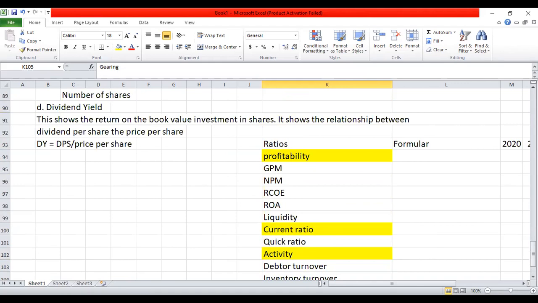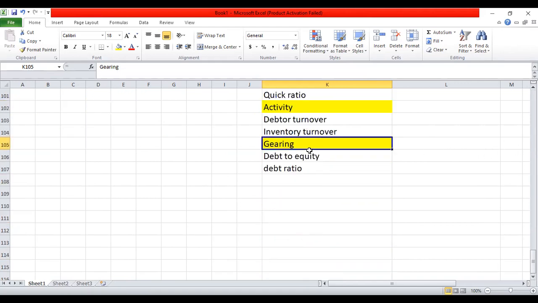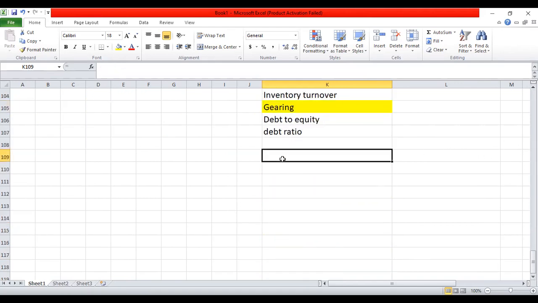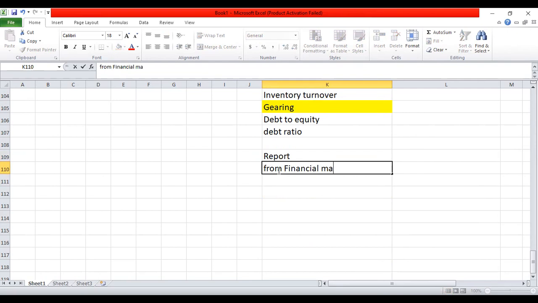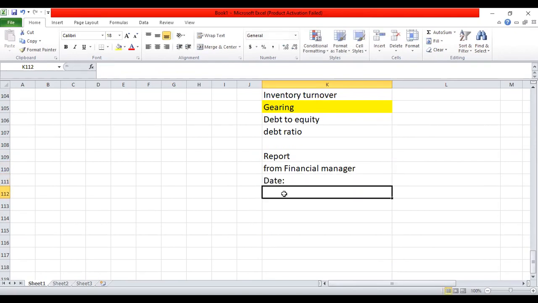So if I'm writing a report, maybe I'll address it from the financial manager to the board of directors.